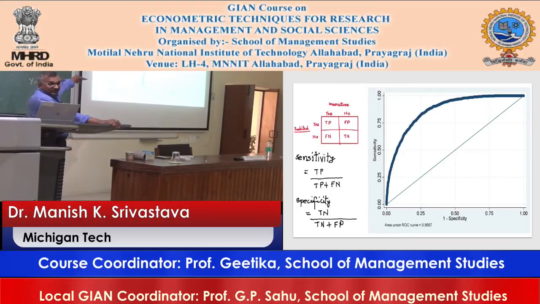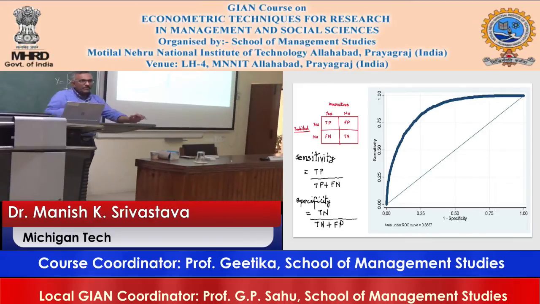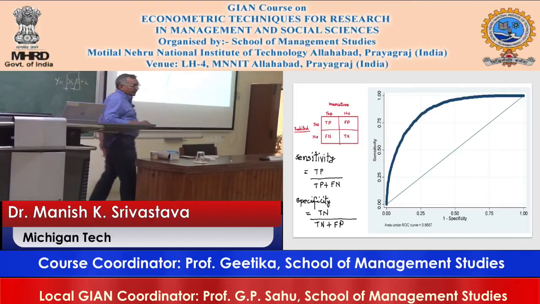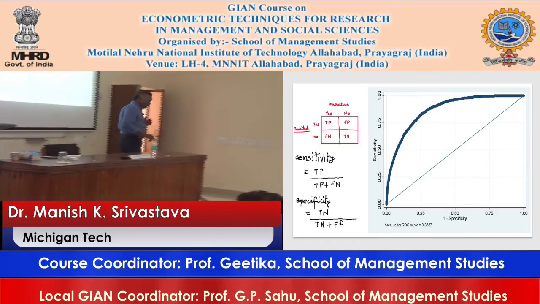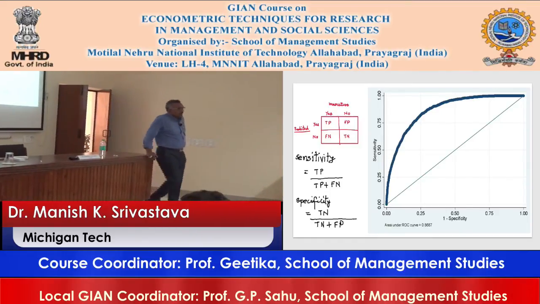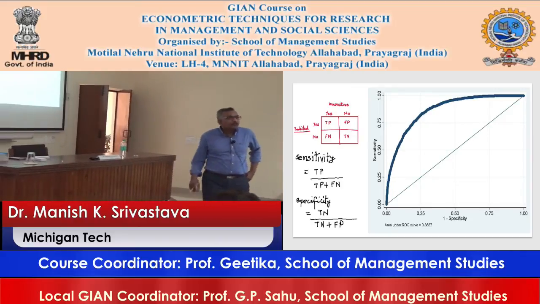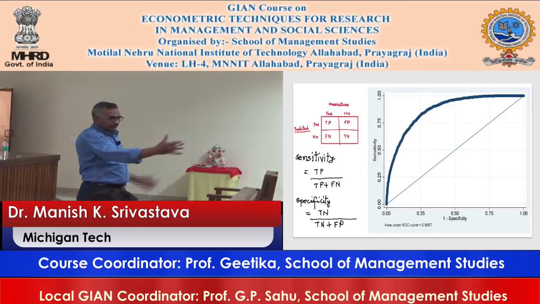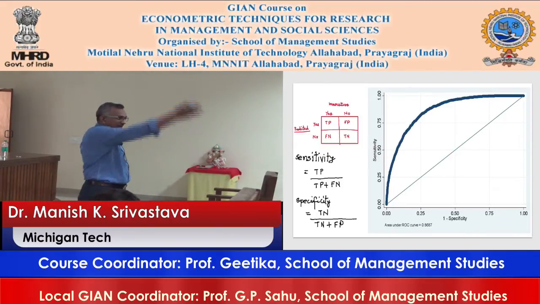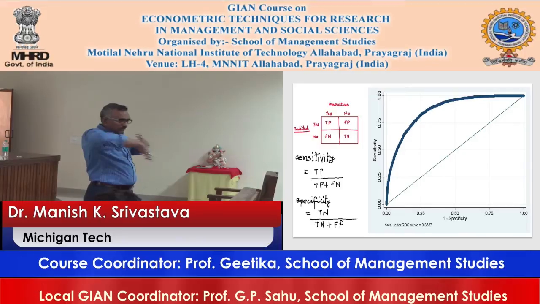When I plot this curve, if my model is no better than chance, the ROC value would be 0.5, just like tossing a coin. Two outcomes, I'm taking a middle position, so that will be my baseline.